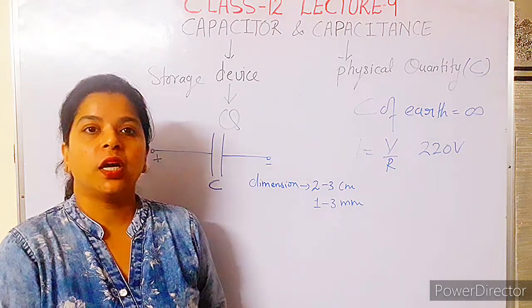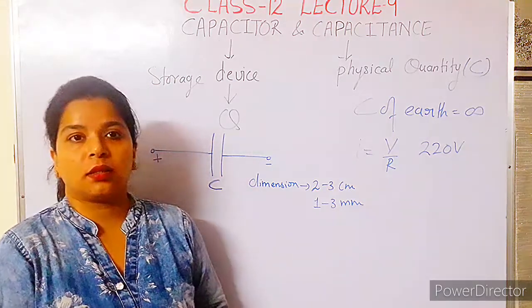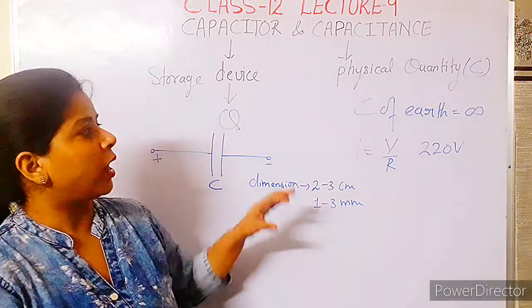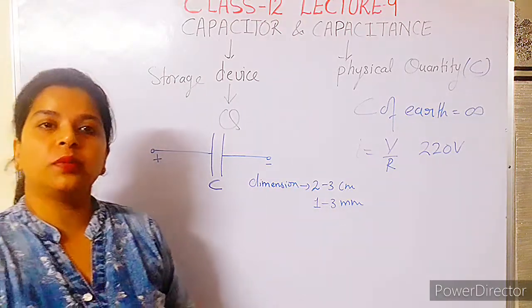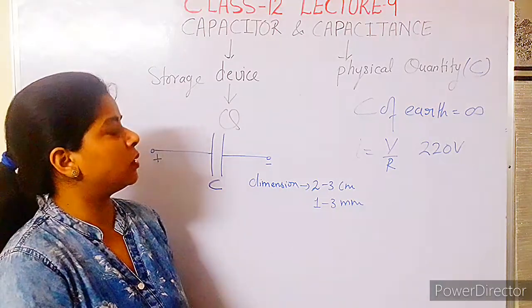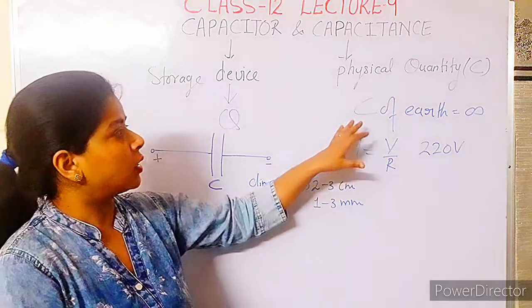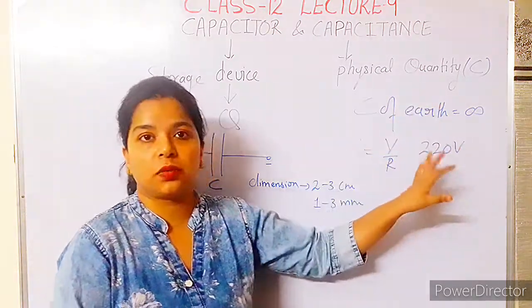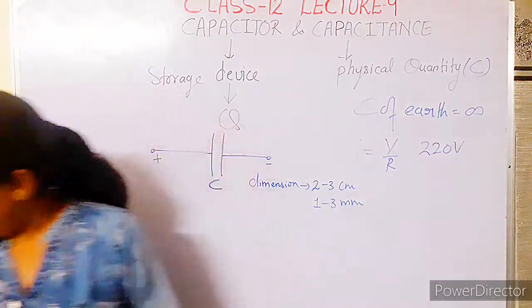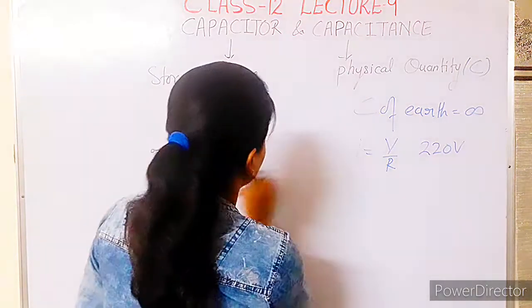Earth can store an infinite amount of charge, and that charge can be recollected from the earth when it is required. So that is the important property of earth which is used during earthing, that the capacitance of earth is infinity. Remember this point. This is again a very useful point to be noted.